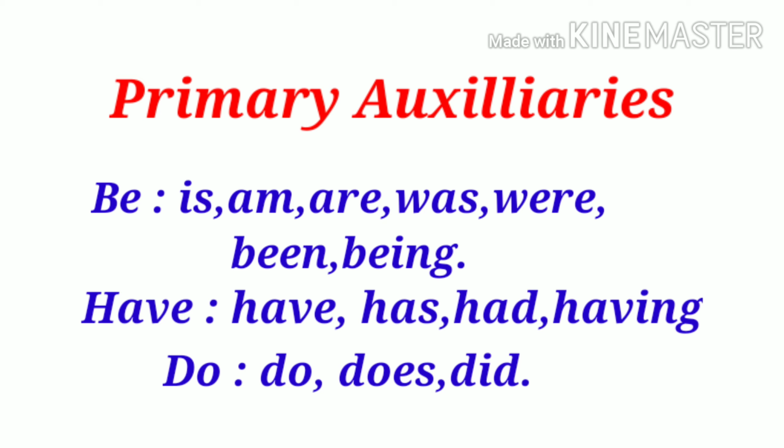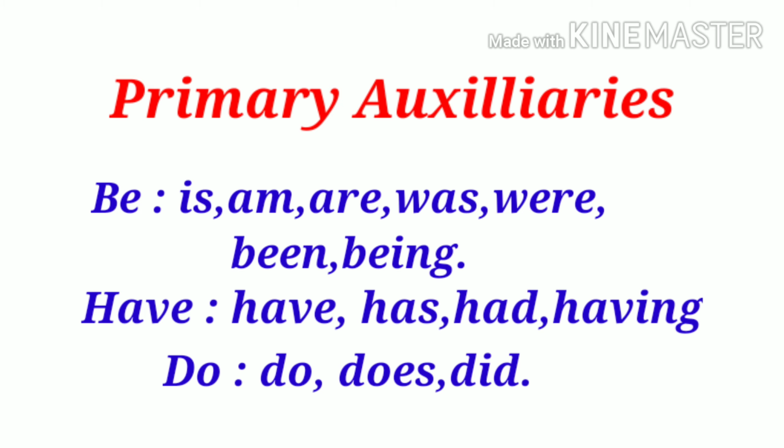So here are the primary auxiliaries, that is the be verb, have verb and do verb. The forms of be verb all of us know. Still I want to tell you that there are be, is, am, are, was, were, been, being. And again have, has, had, having, do, does, did.